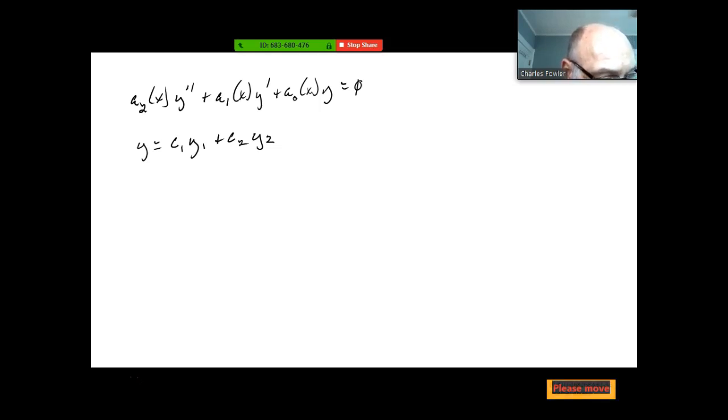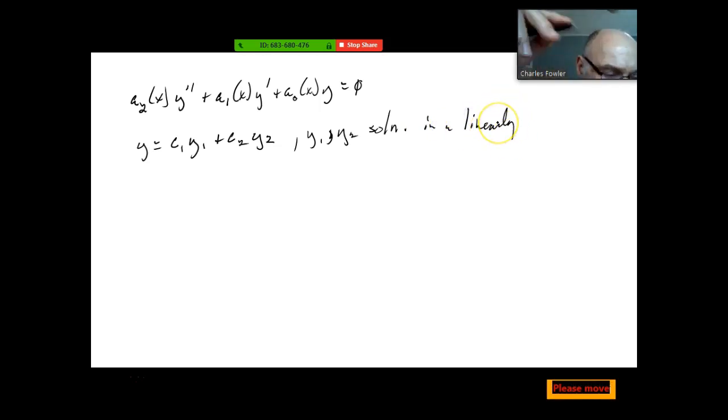Now, these are solutions. The y1 and y2 are solutions for that equation, like I just said, that constitute a linearly independent set. We use the term linear a lot here.